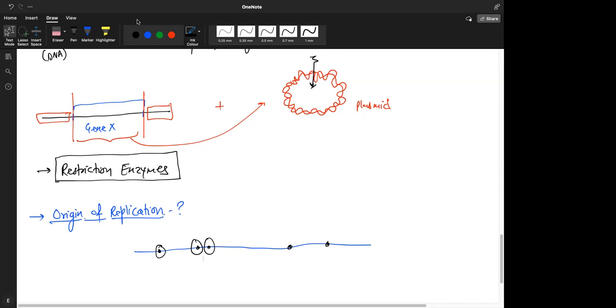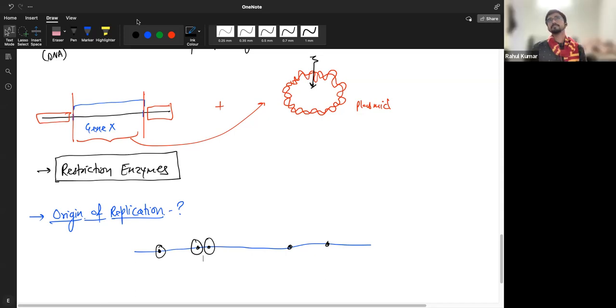Yes, sir. Can there be DNA replication without cell division, or does it only happen during cell division? It's a good question. It actually happens during a phase which is a part of the cell cycle.